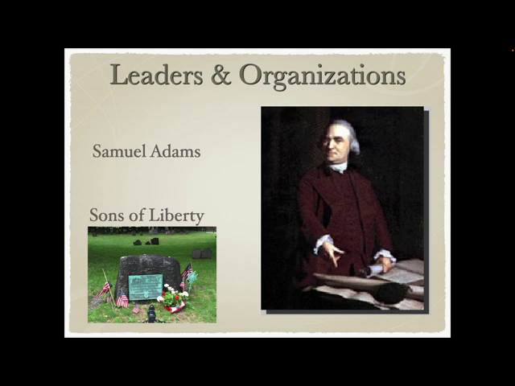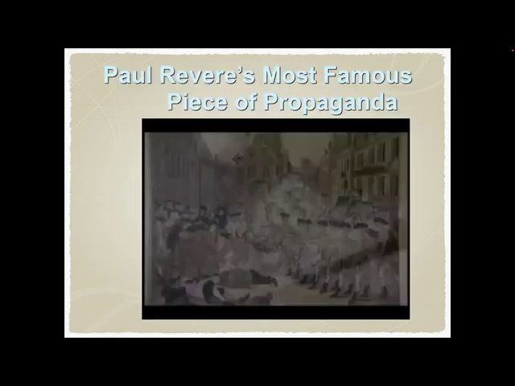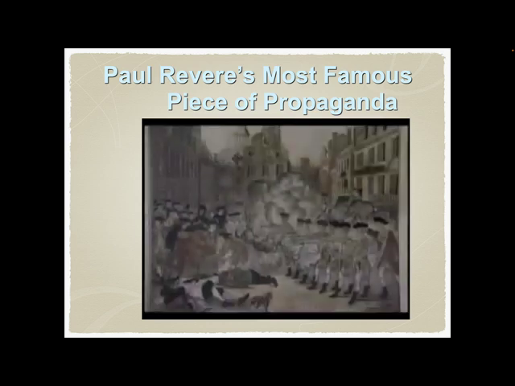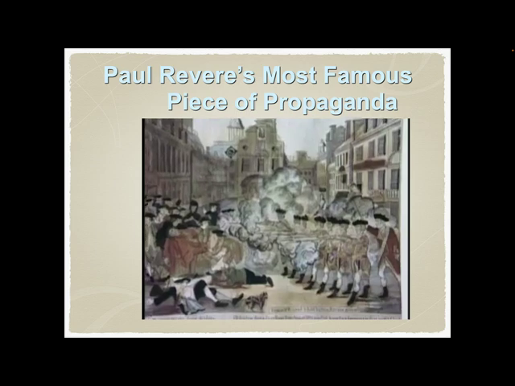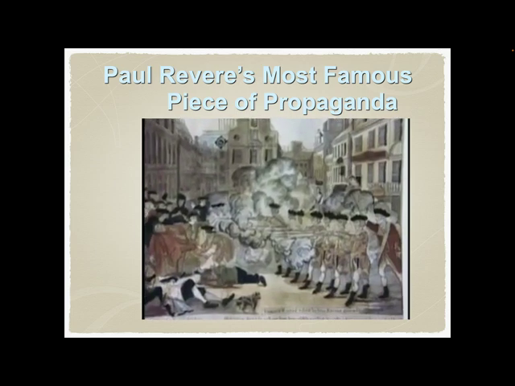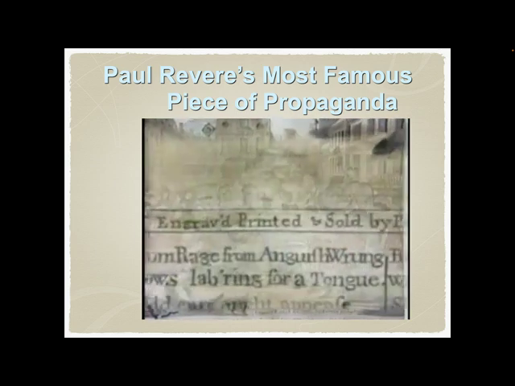All right? Now, Sam Adams, master propagandist, one of the most famous forms of artwork that's going to depict this would be how the Patriots and the Radical Sons of Liberty will portray a famous event, the Boston Massacre. Everything most Americans know about the Boston Massacre comes from this engraving.